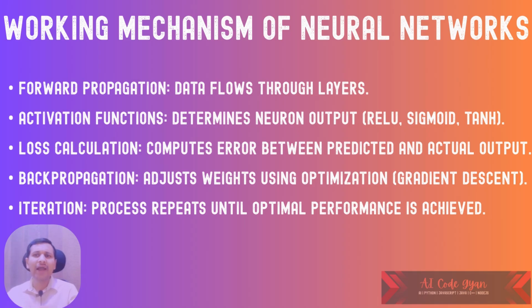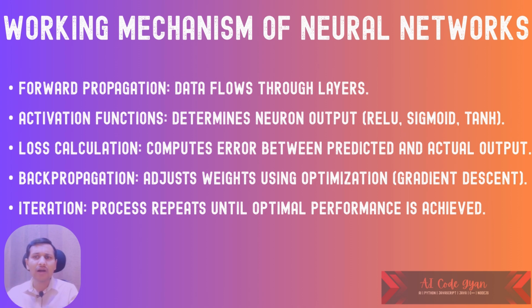Based on the forward propagation, there's backpropagation, or you can say backward propagation, which is used to adjust weights using optimization. Based on these errors, the model is trained again and again using backpropagation, and the error is computed again and again, and that's how a deep learning model is trained.